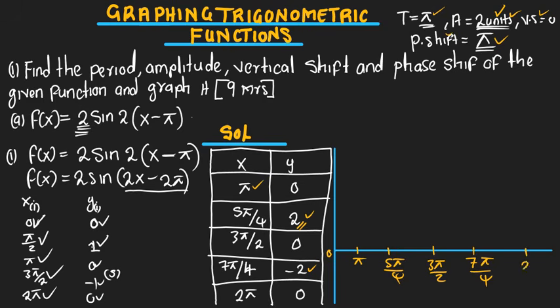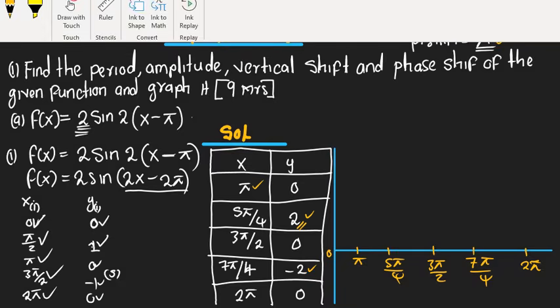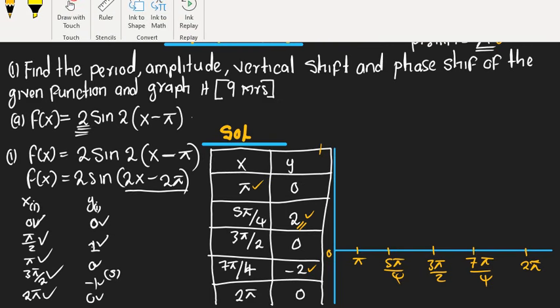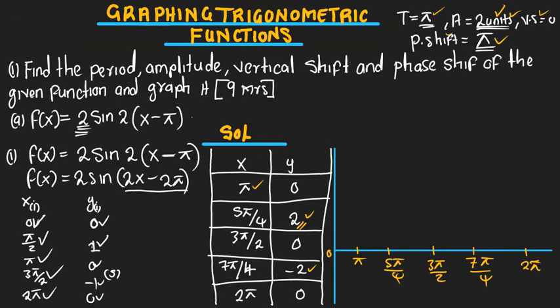Next, I've got 2 pi. Right? Next, I can do the y values.